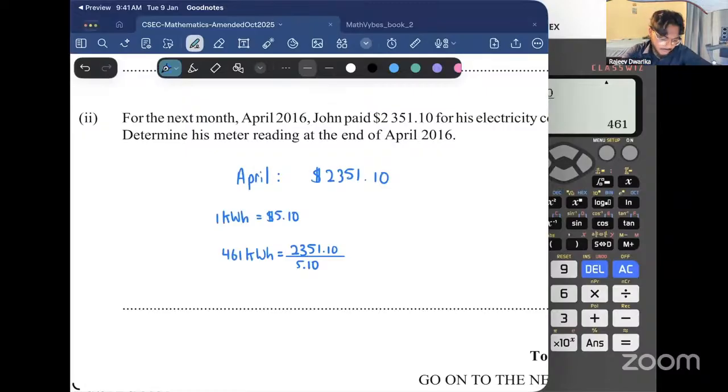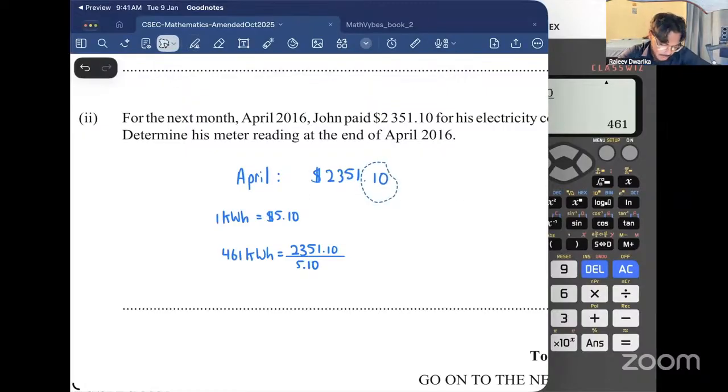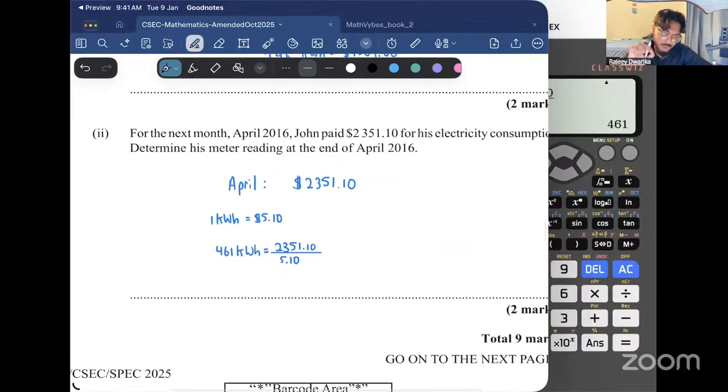It's a lot of practice and a lot of logical thinking. You really have to think. But that's not the answer, Carla. They said determine his meter reading. Like we discussed, the meter tells you how much for the amount alone, or does the amount just keep adding to the meter?